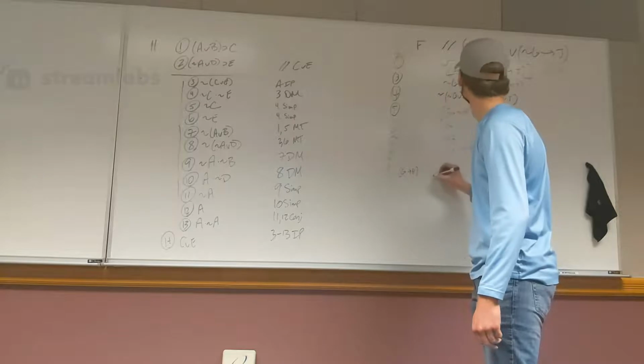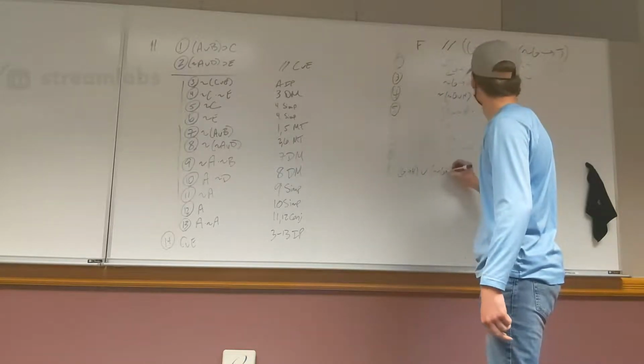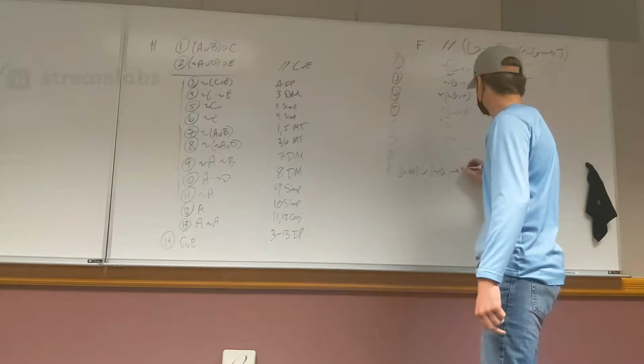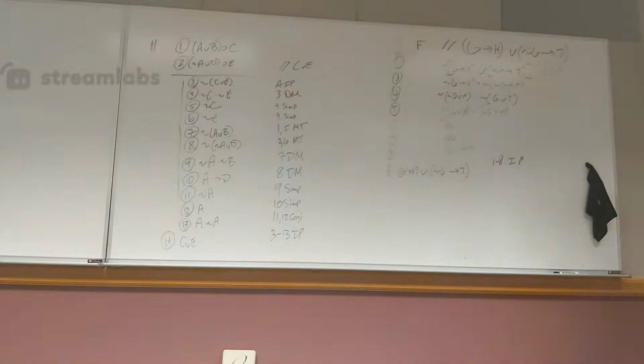Because if we assume the conclusion's false, then we get a contradiction. Contradictions can never be true. Anything that entails a contradiction can never be true. So because the conclusion being false entails a contradiction, the conclusion must be true, right? There you go.